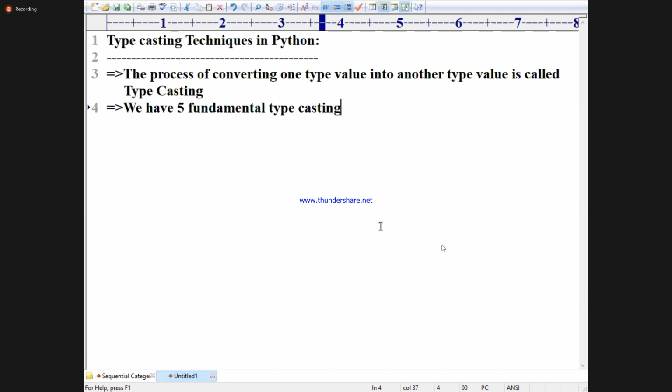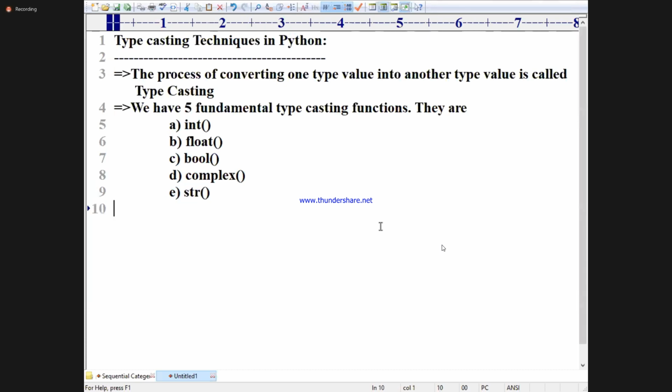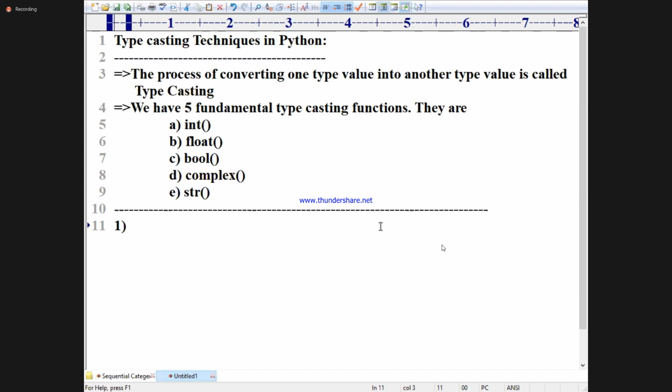They are: A, int of; B, float of; C, bool of; E, str of. Actually str of will not come, but I wrote it, and you have to tell that also. The first point I will write is int of.